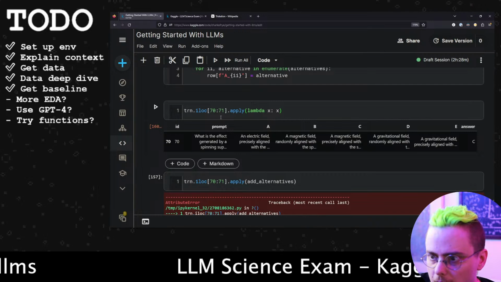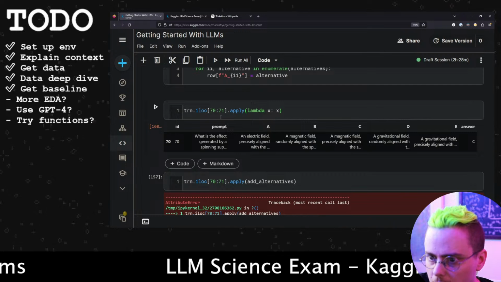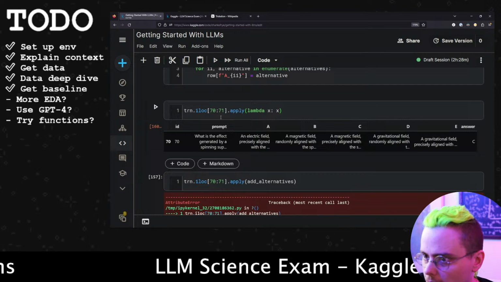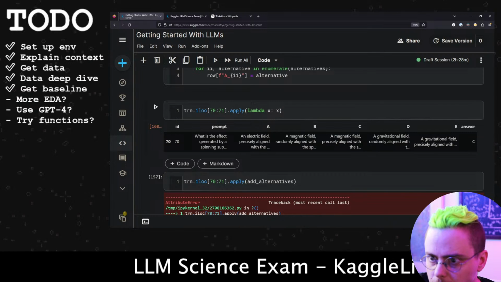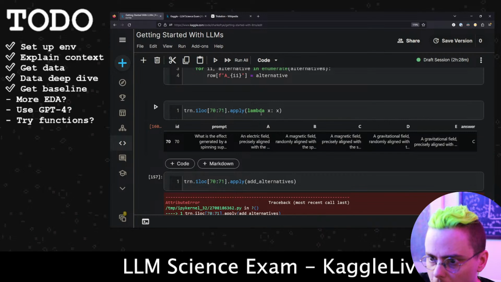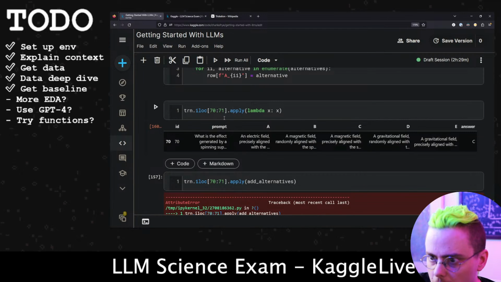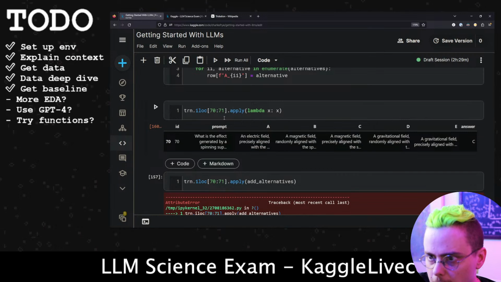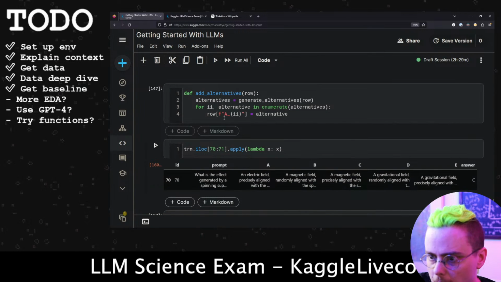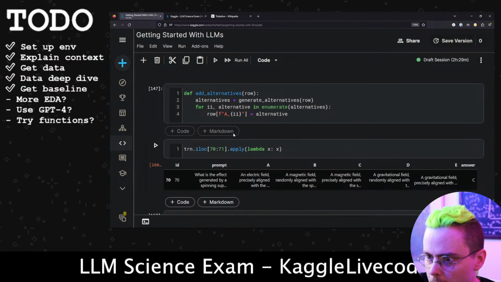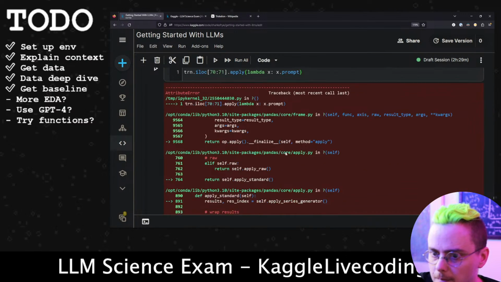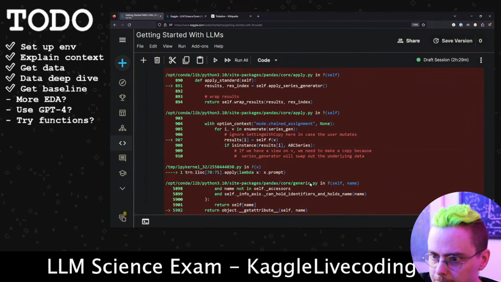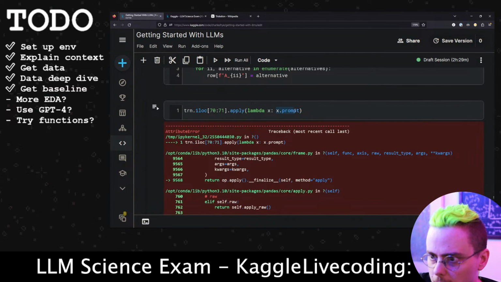Dot apply lambda x. That is returning the whole data frame as the final result. What if I just do x.prompt? Series attribute.